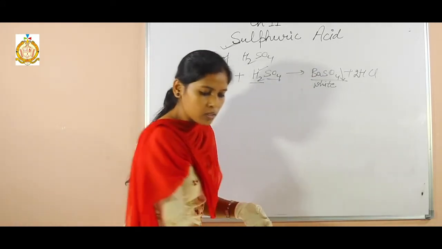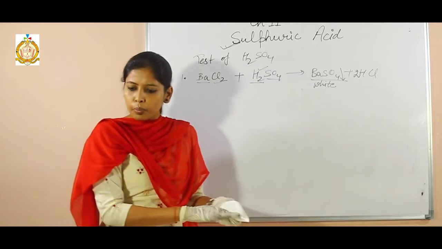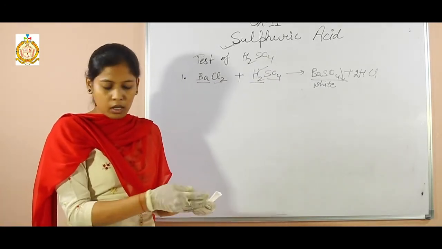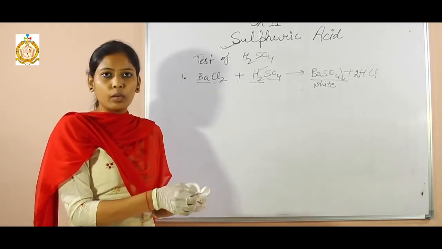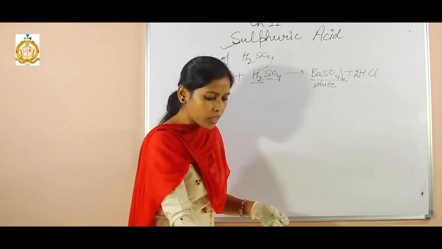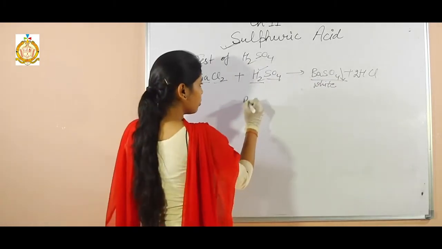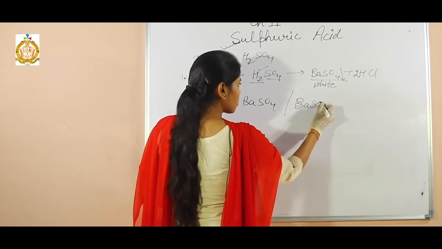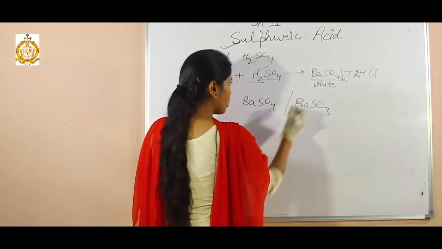These white barium sulfate precipitates are insoluble. But barium sulfite also gives a white precipitate, so how can we distinguish between barium sulfate and barium sulfite?